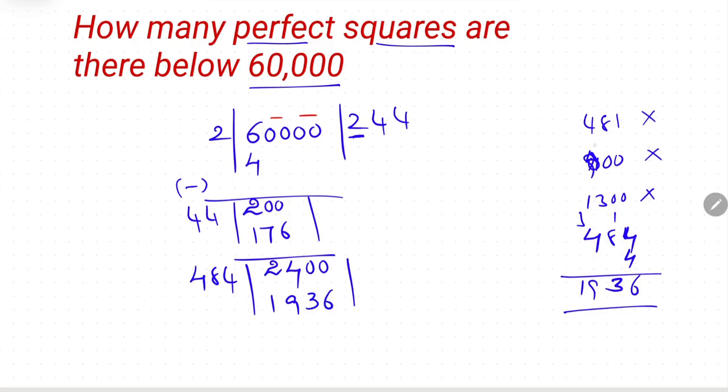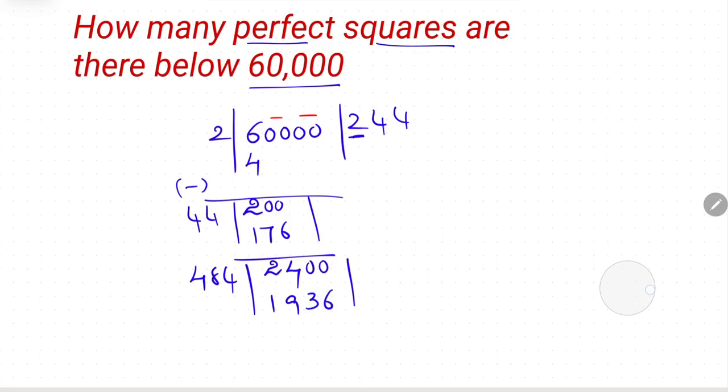You may have the doubt: shall we go by the number 5? But if I multiply these two, 5 4s are 20, so we get a number which is greater than 2400. It is simply by the trial and error method.